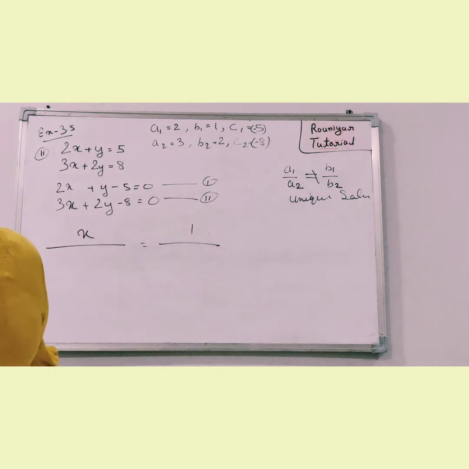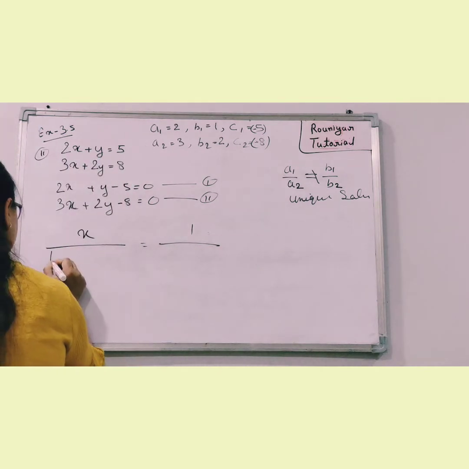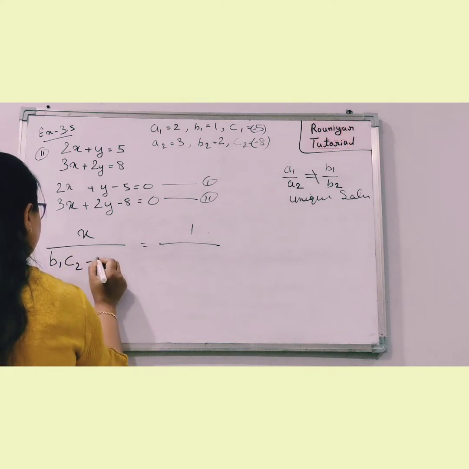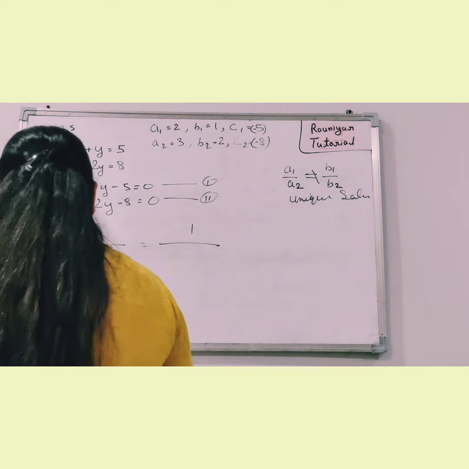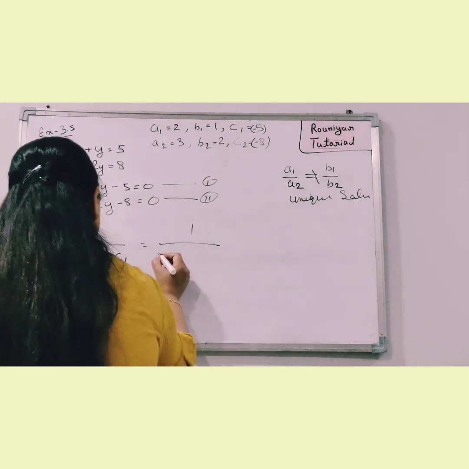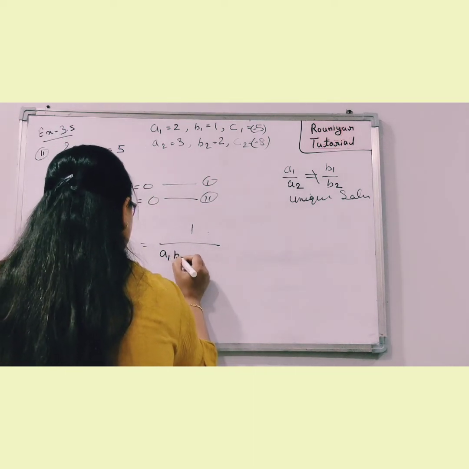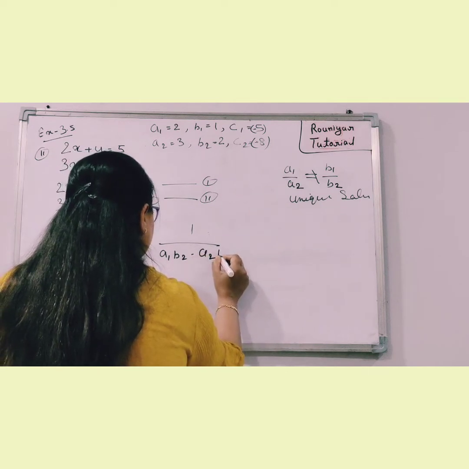x by b1 c2 minus b2 c1 is equal to y by c1 a2 minus c2 a1 is equal to 1 by a1 b2 minus a2 b1.